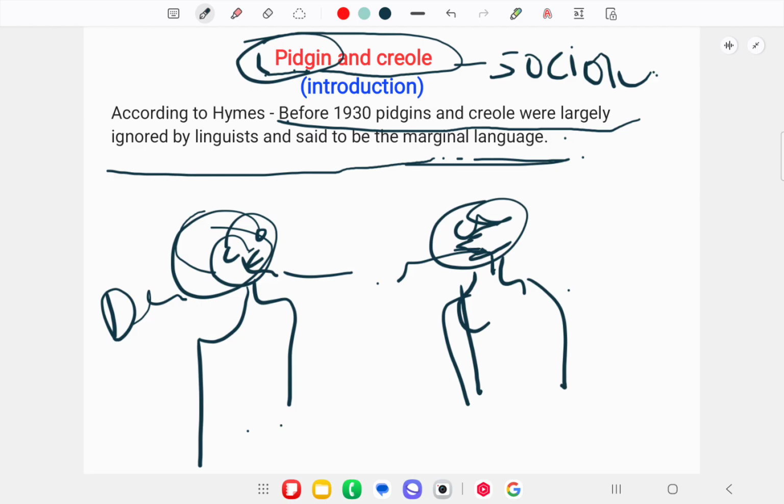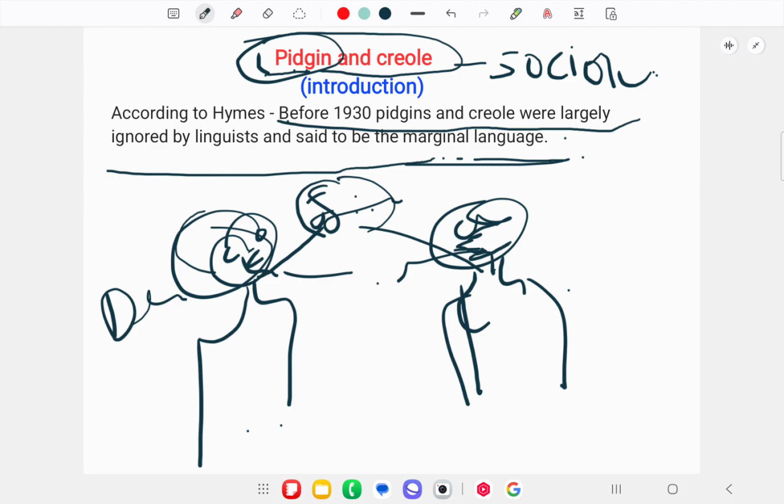But when a special language comes in and applies to both persons, they might talk to each other, and they might do business or trade.